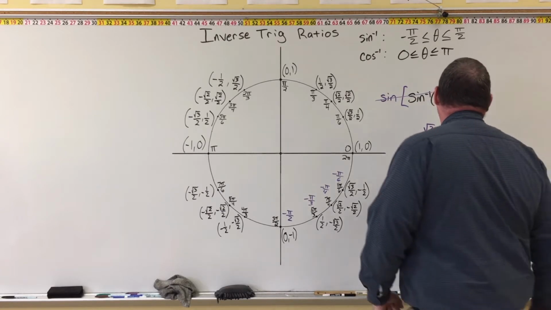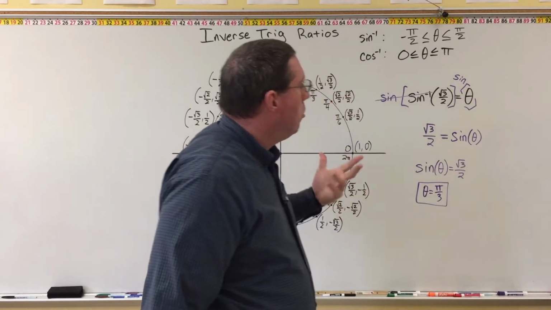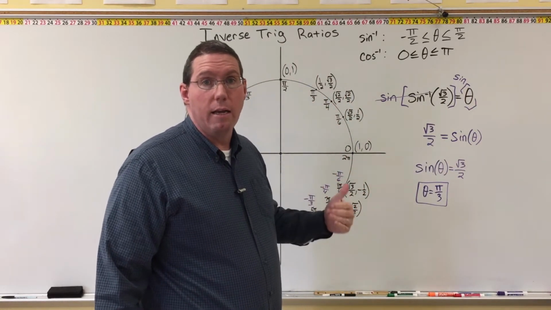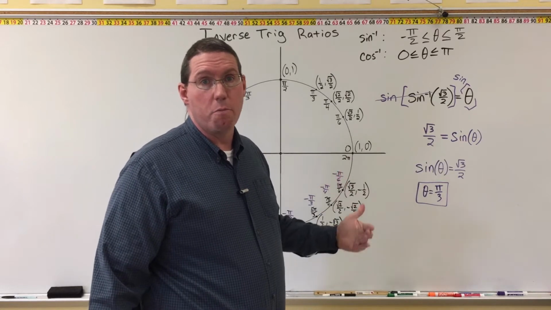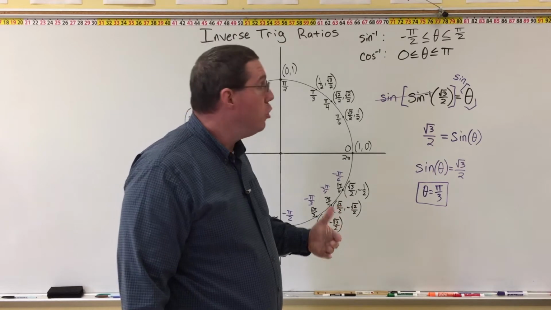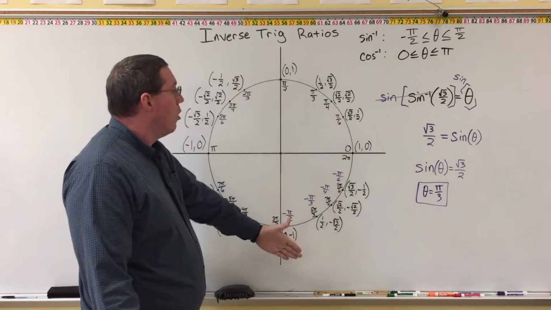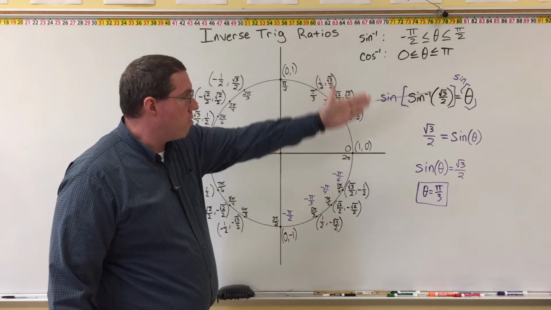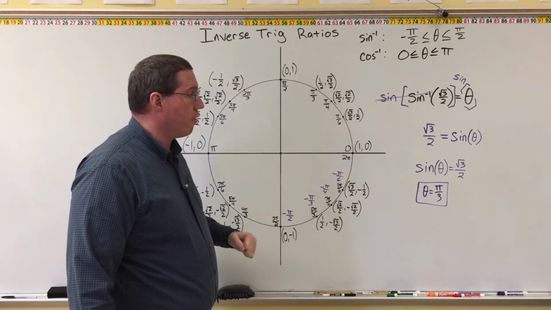Now that is too long of a process to answer sine inverse and cosine inverse problems, because for those you can just see the answer right there on the unit circle. So you don't have to go through all those steps to get the answer.